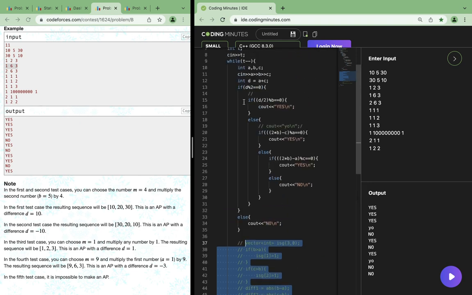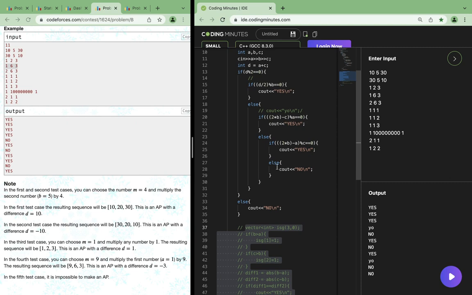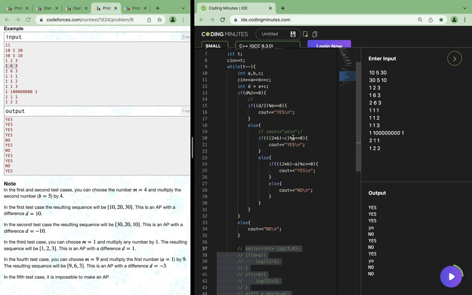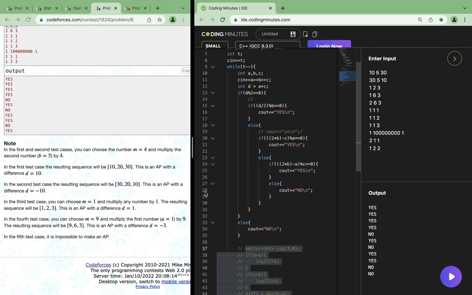First of all, is it mandatory to check d percentage to equal 0? And if it is, then we need to check here also, maybe. So yes, yes, yes, yes, no, yes, no, yes, yes, no, no. So last test case is wrong.